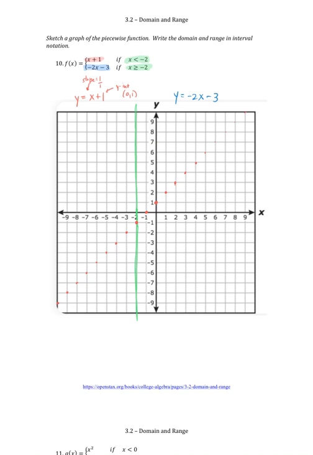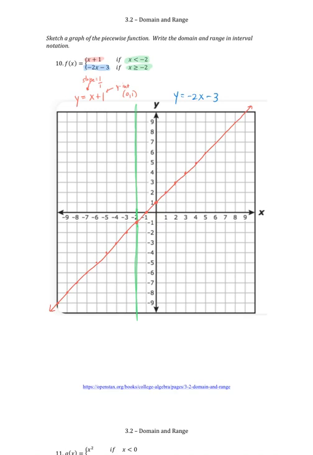Okay, so if I graphed this and connected all the red dots, I would have this line. And if I just had the red equation, that would be it. But this is only true if x is less than negative 2.